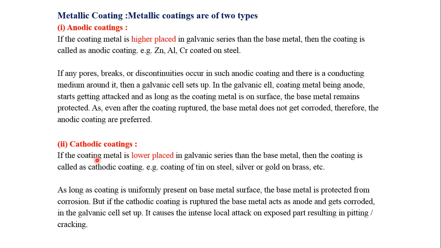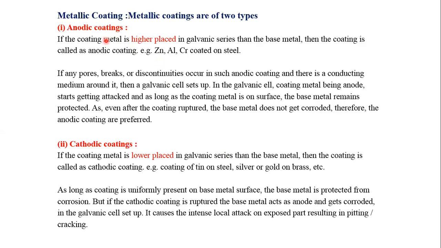While in the case of cathodic coating, if the coating metal is placed lower in the galvanic series than the base metal, then the coating is called a cathodic coating. Examples of anodic coating are zinc, aluminum and chromium coated on a steel article. While examples of cathodic coating are tin on steel, and silver or gold on brass.